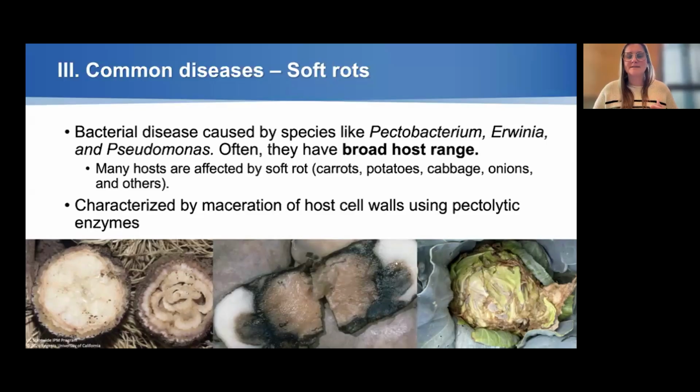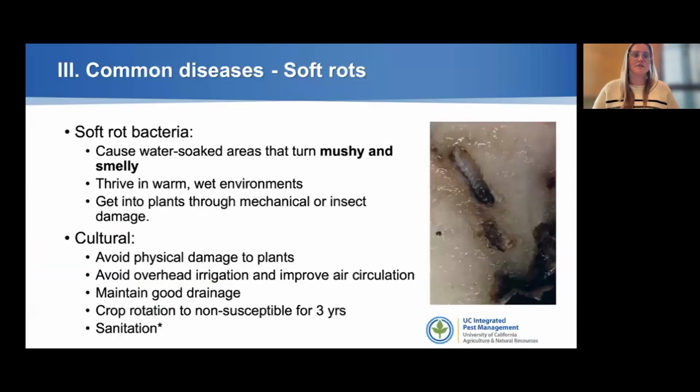They're characterized by maceration of the host cell walls, and it just causes this really mushy, almost disintegrated tissue. That is what we call a soft rot. So soft rots are water soaked and mushy and stinky and smelly.